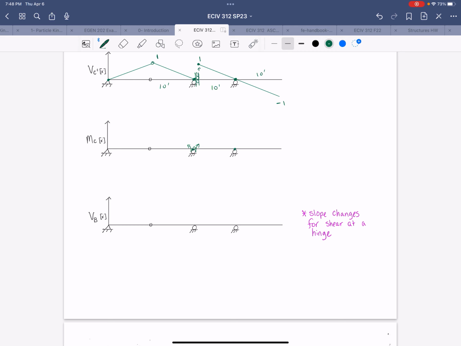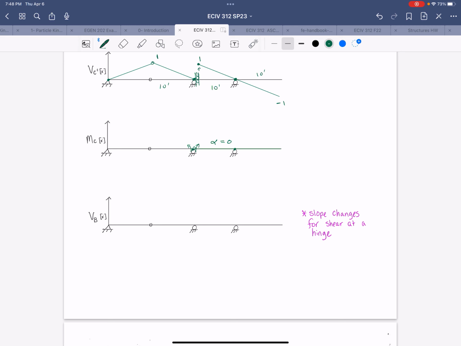So on the right side of the hinge, we have 2 supports in a row, including at the hinge. And so that has to be a 0 slope influence line. On the left side of the hinge, the next thing we have is another hinge.